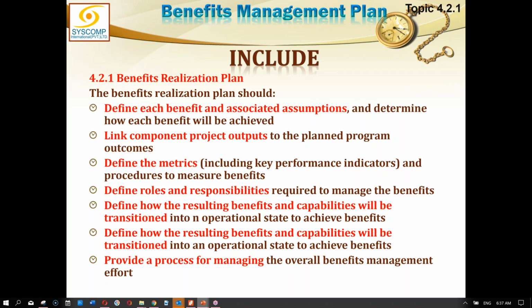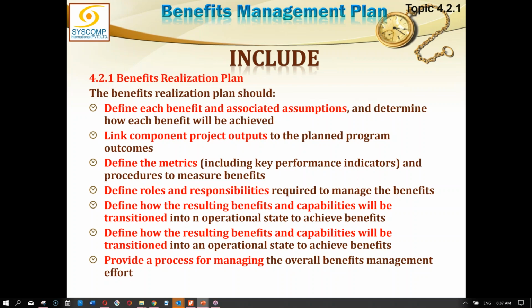Define roles and responsibilities: who is responsible for managing those benefits. And define how the resulting benefits and capabilities will be transitioned. You see, this is the most detailed document about benefit. Benefit realization plan is the most detailed document, and this is a step-by-step guide of realizing those benefits.